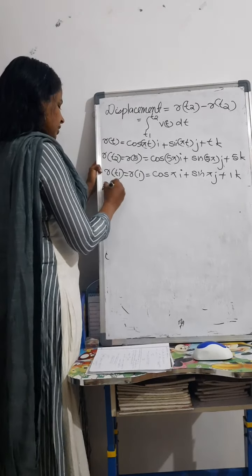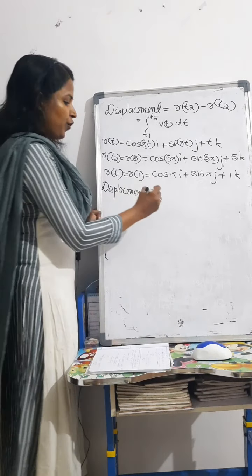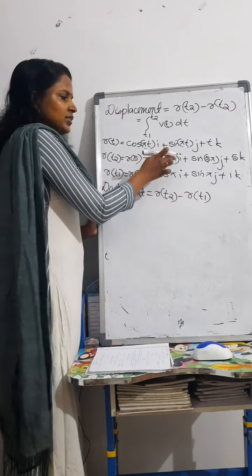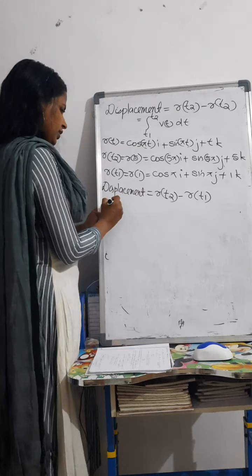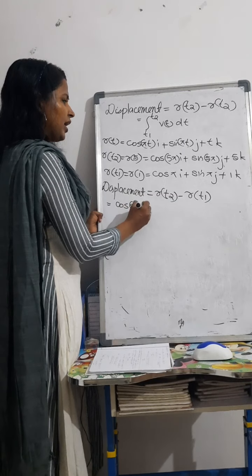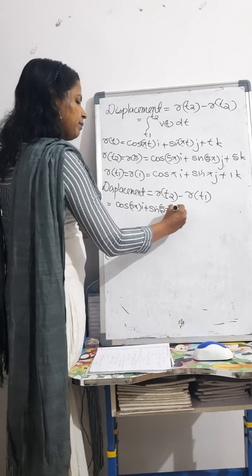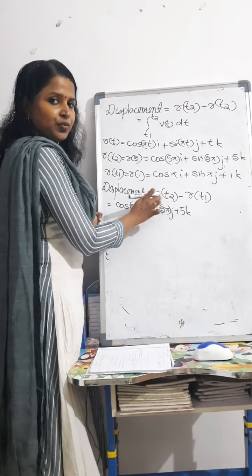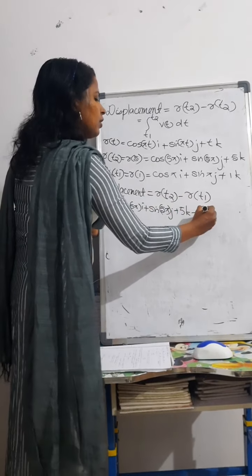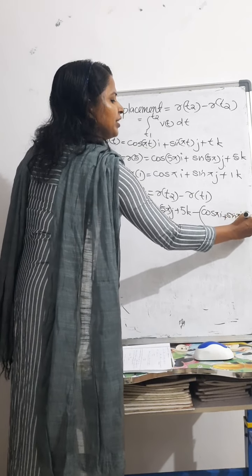Then displacement is equal to the formula r of t2 minus r of t1, that is this vector minus this vector.